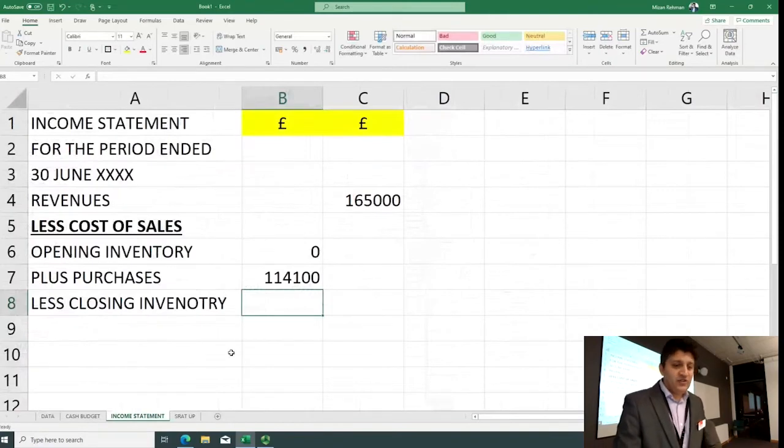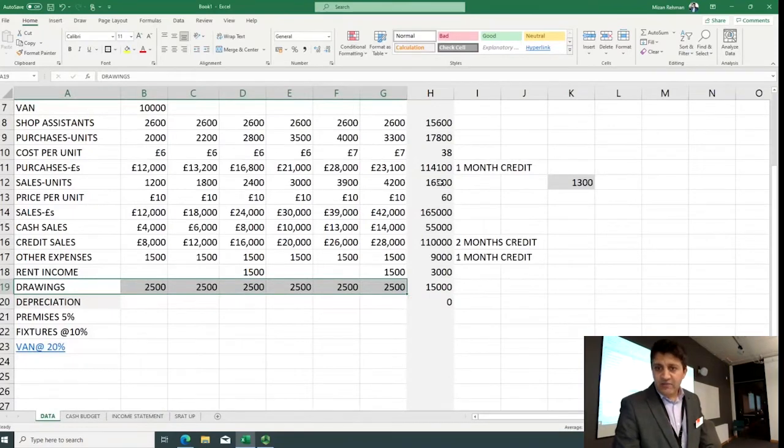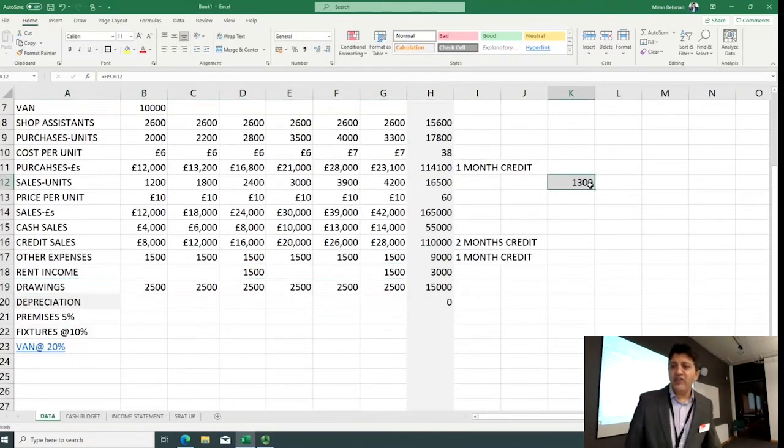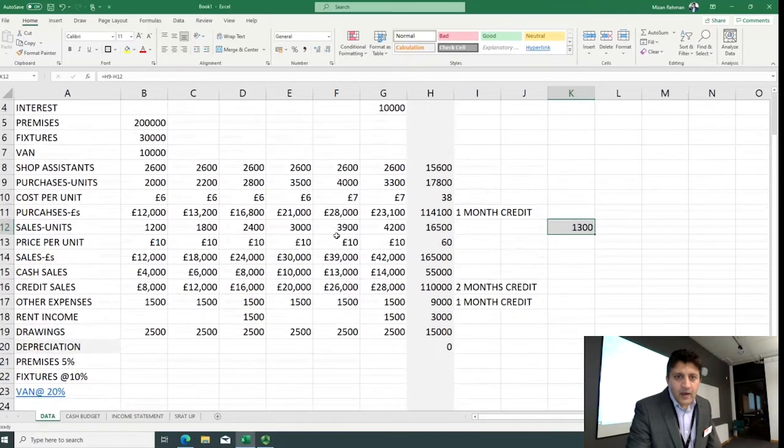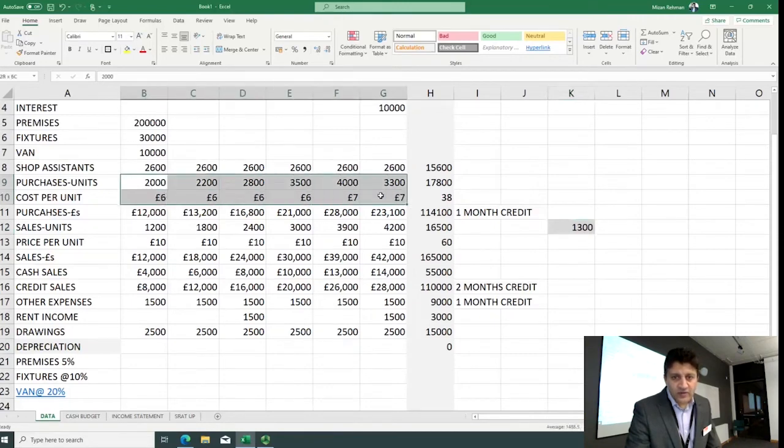Less closing inventory. So let's go to the data sheet and get back to this point, 1,300 units at the end. Basically these 1,300 units are from these units, and the question says that the value of closing stock is on a first in first out basis.